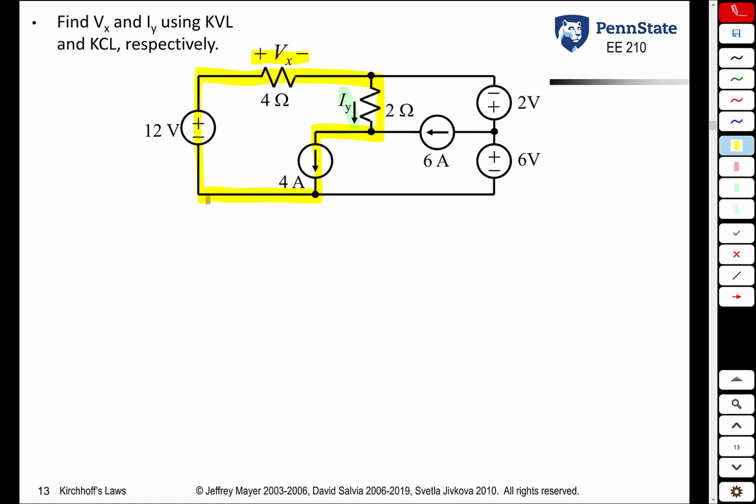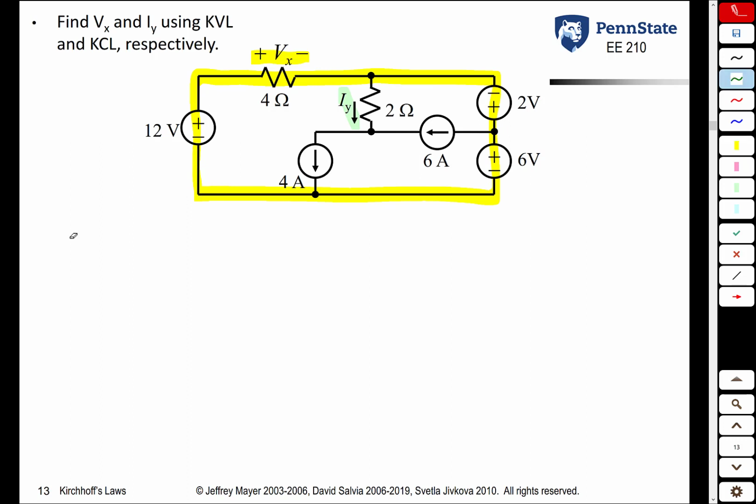But we don't know the voltage drop across the 2 ohm resistor, and we certainly don't know the voltage drop across the 4 amp current source. So this loop really doesn't give us a solution. However, if we choose this loop, the only unknown voltage is Vx.